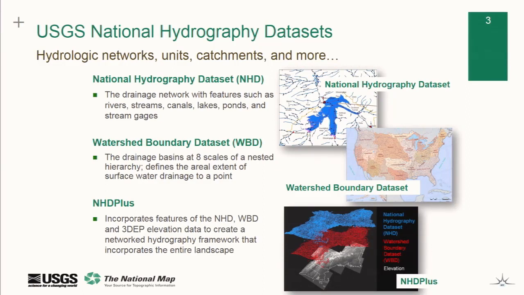The NHDPlus is our combined system, which incorporates the hydro and the elevation together, and it's a very powerful modeling tool that can incorporate land-based features and the drainage to a stream, all defined within catchments per stream segment, and we're updating that now to the 24K level.